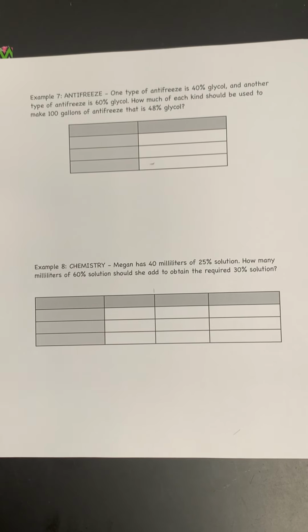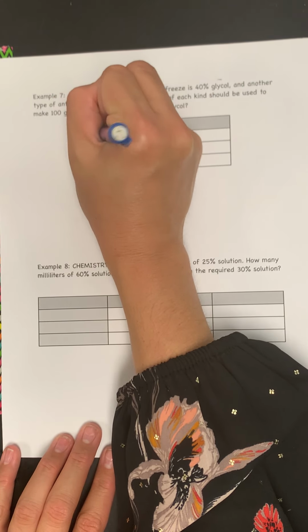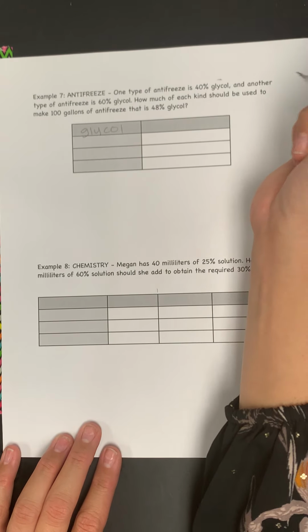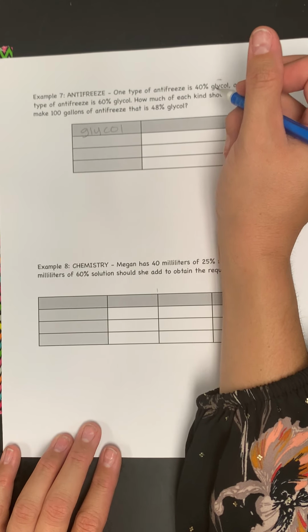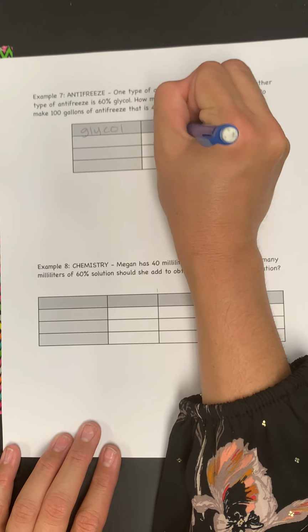So for example 7, one type of antifreeze is 40% glycerol, and another type of antifreeze is 60% glycerol. How much of each kind should be used to make 100 gallons of antifreeze? So we have glycol, sorry, and then we have gallons.